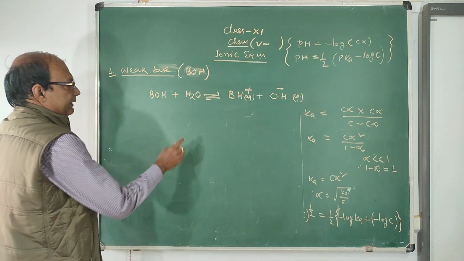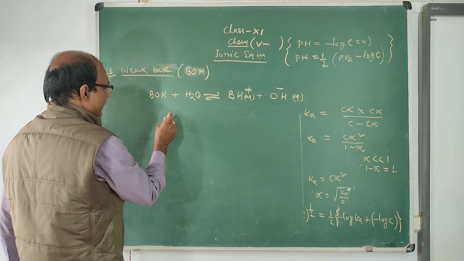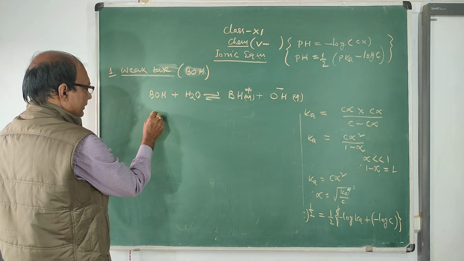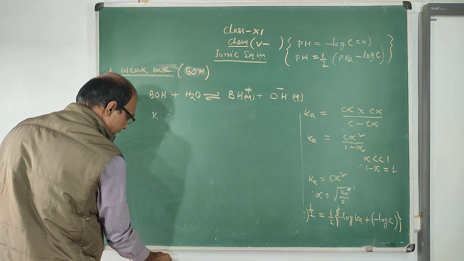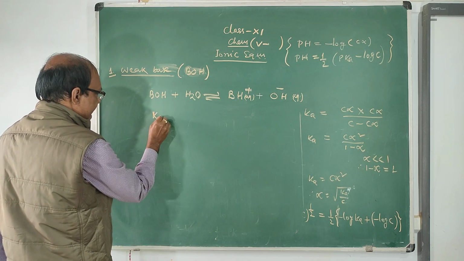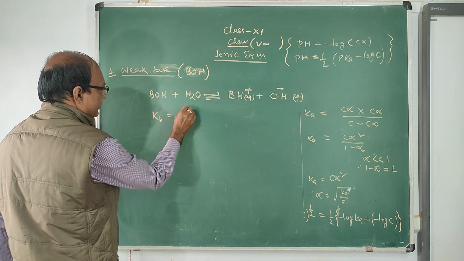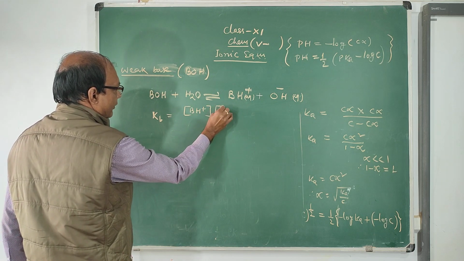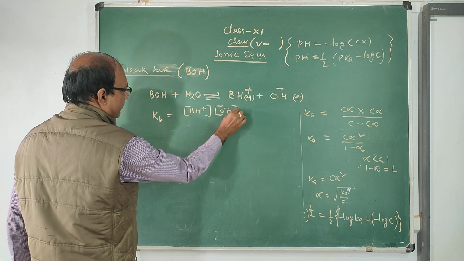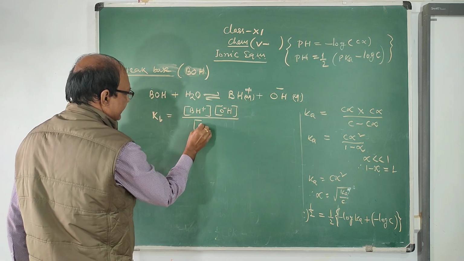So here you can write the equilibrium constant Kb for these cases. Kb equals concentration of B plus into concentration of OH minus by concentration of BOH.